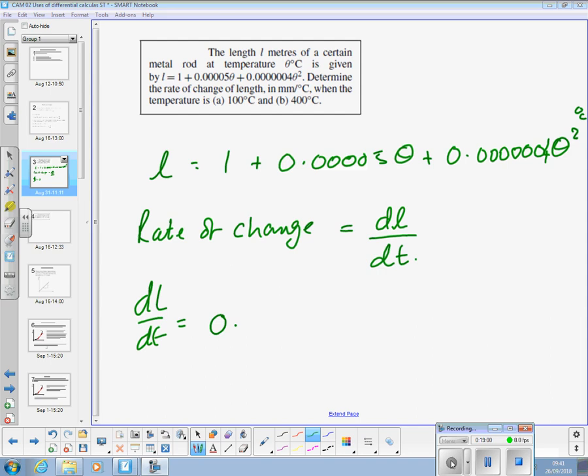The variable disappears. Plus we've got to multiply by 2, so it's 0.608 theta.